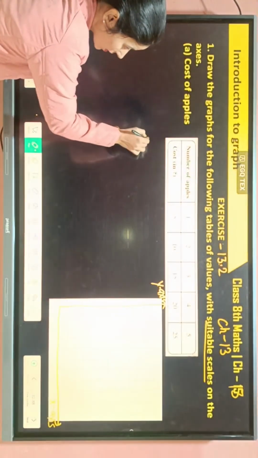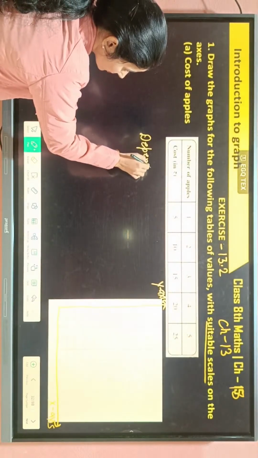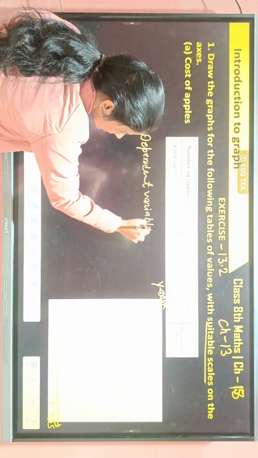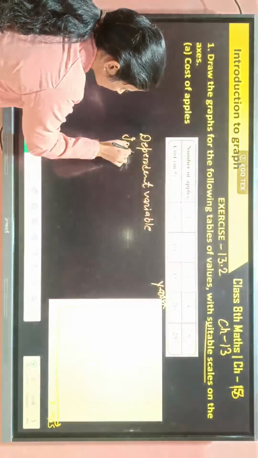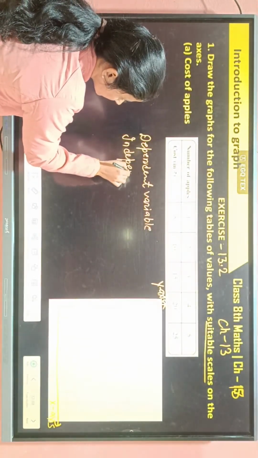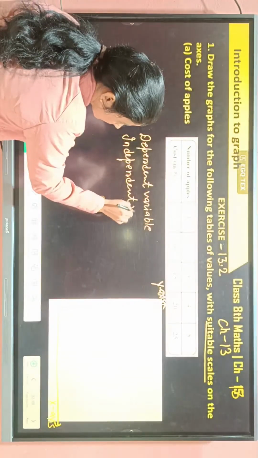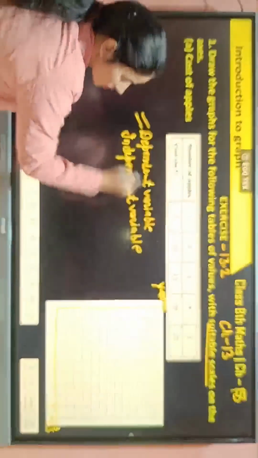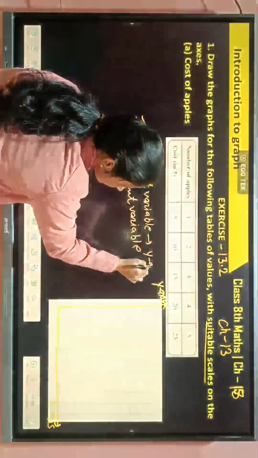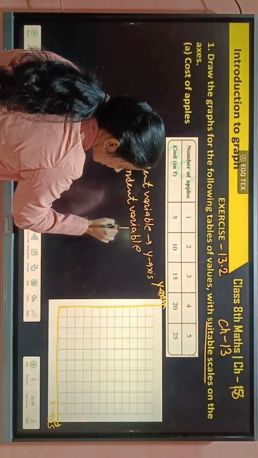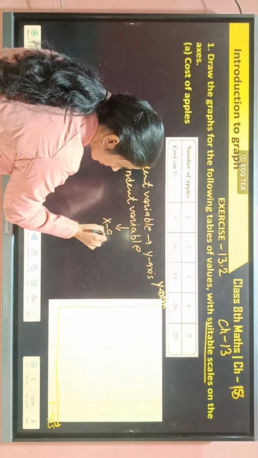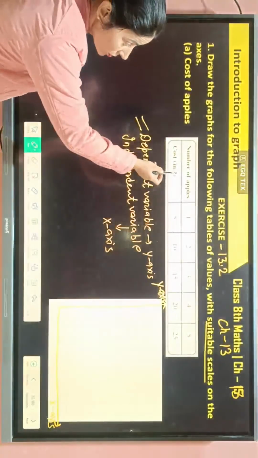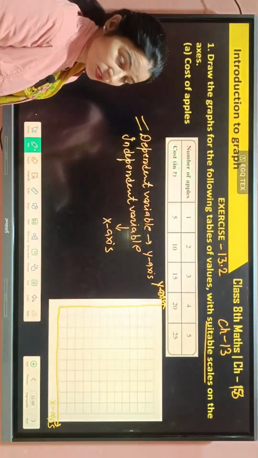One is dependent variable and other is independent variable. This dependent variable we have to consider on y-axis and this independent variable we have to consider on x-axis.